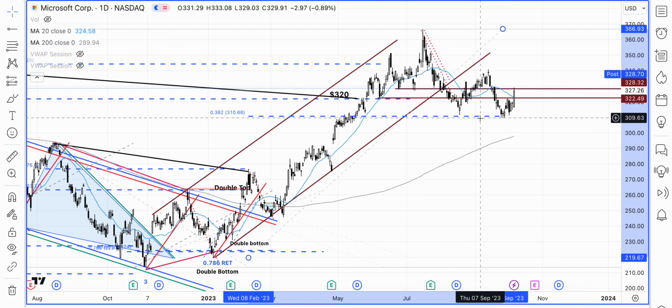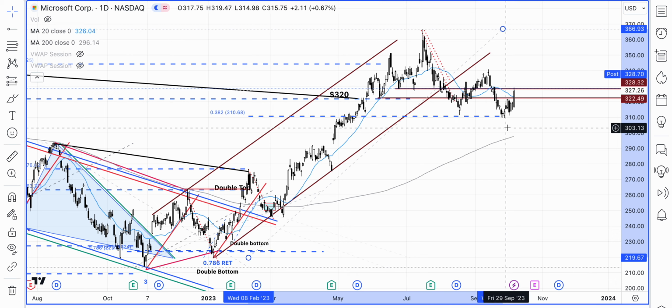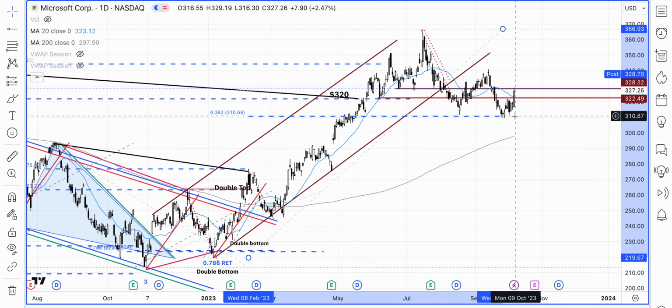The market came down, tested this low again, went a little bit lower, right to the 38.2% Fibonacci retracement, and now it has taken this swing high out, with a pretty strong close today above the 20-day moving average. So that's from a momentum perspective as well.